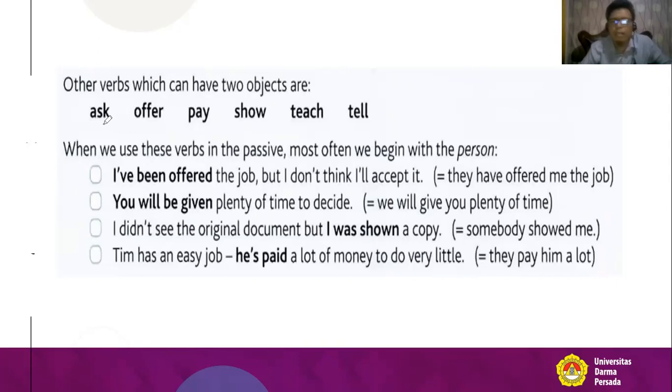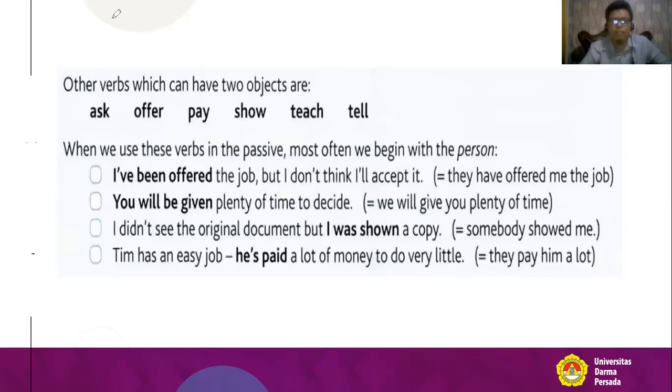When we are talking about two objects after a verb, we can make two possible passives. But if you want to paraphrase the sentence, we focus on the person. Some verbs which have possible two objects are ask, offer, pay, show, teach, and tell.